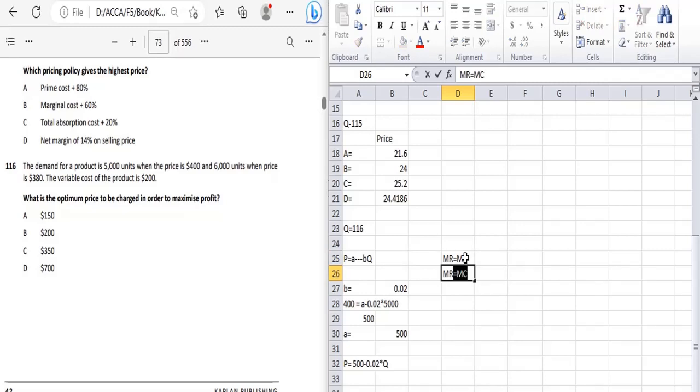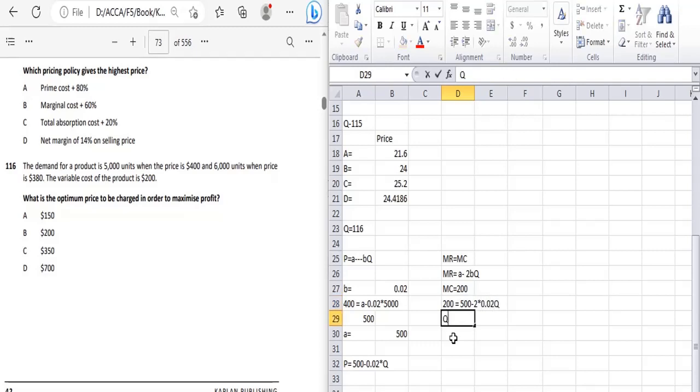MR equals A minus 2BQ, and MC is also given in the question, which is 200. So 200 equals 500 minus 2 into 0.02 Q.